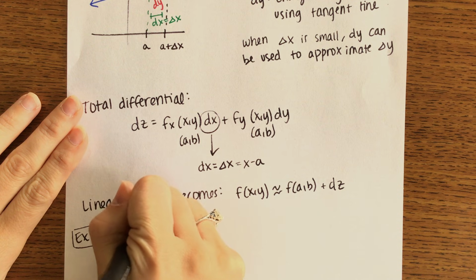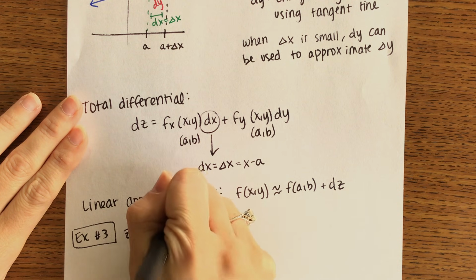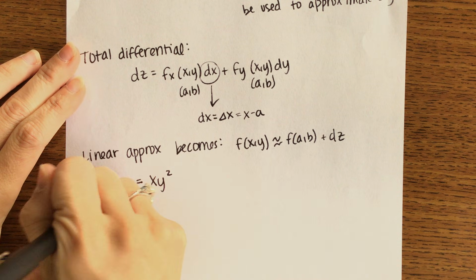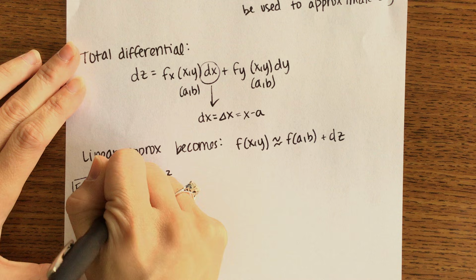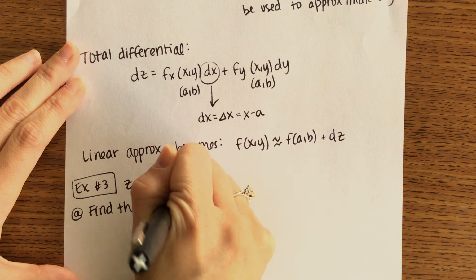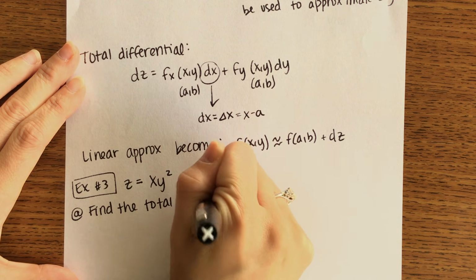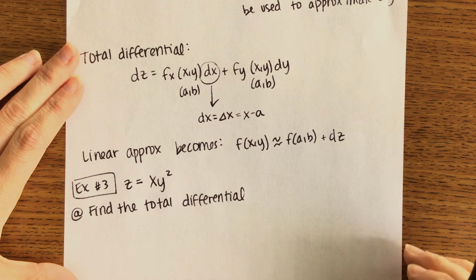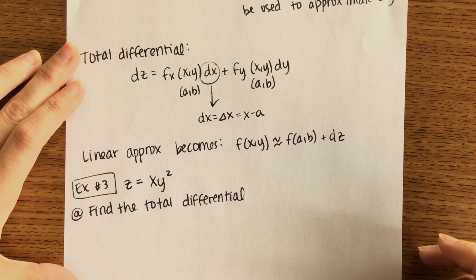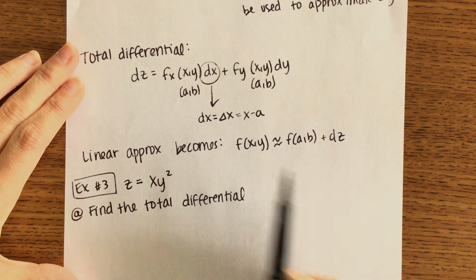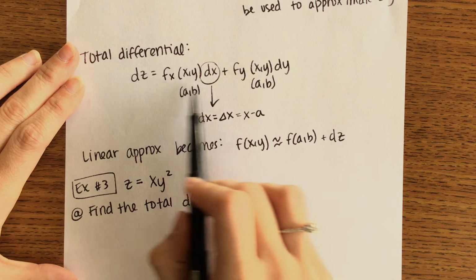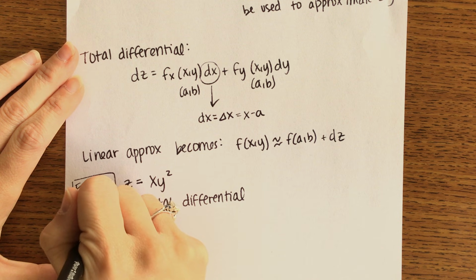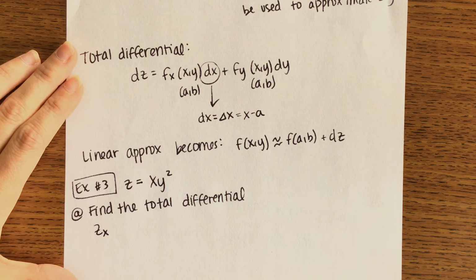Okay. We are going to look at the function xy squared. Part A, we are going to find the total differential. Okay, total differential is what we wrote up there. So we need the first partial with respect to x.